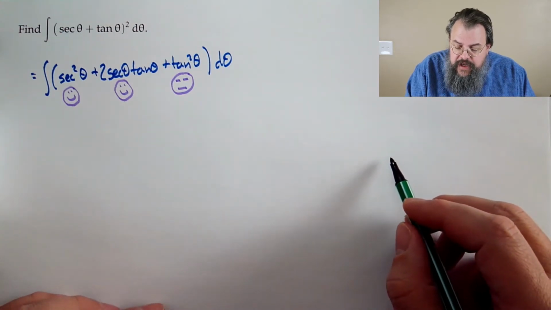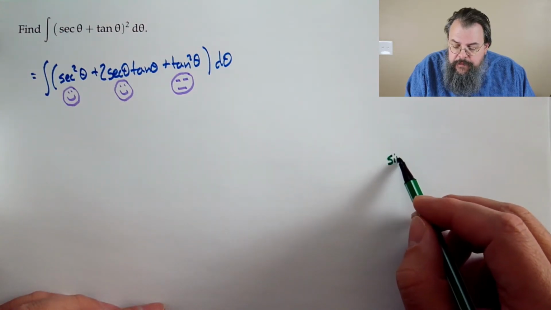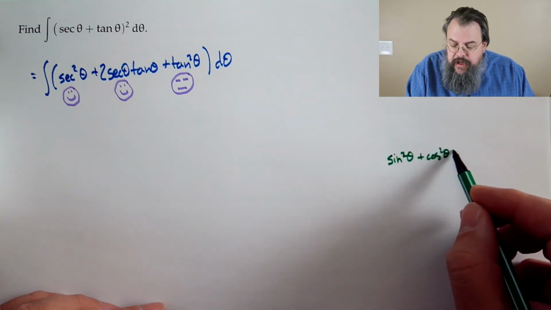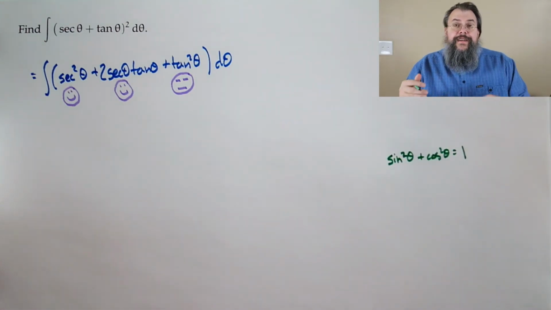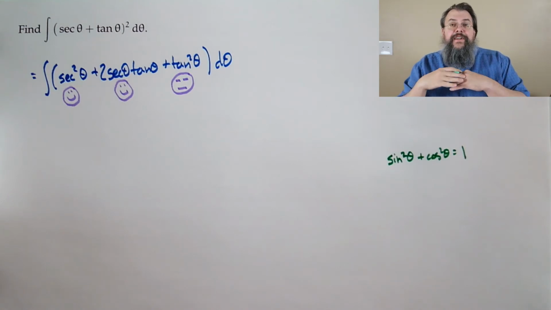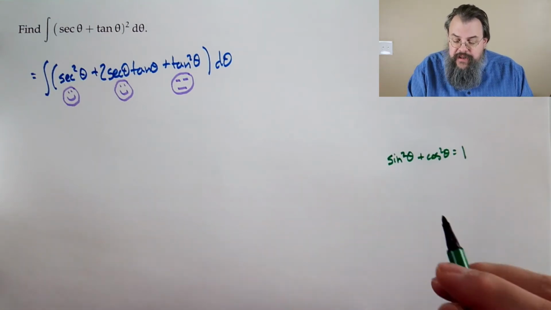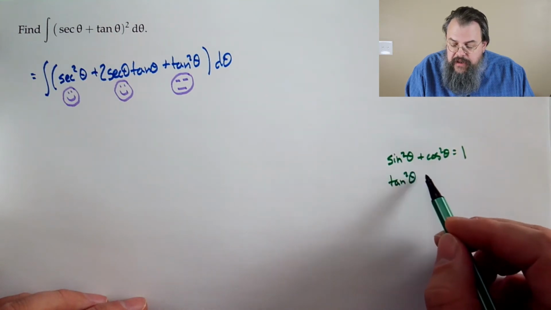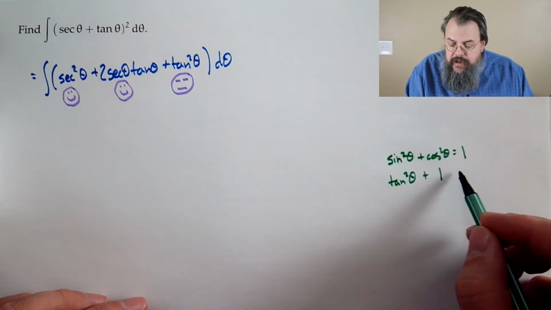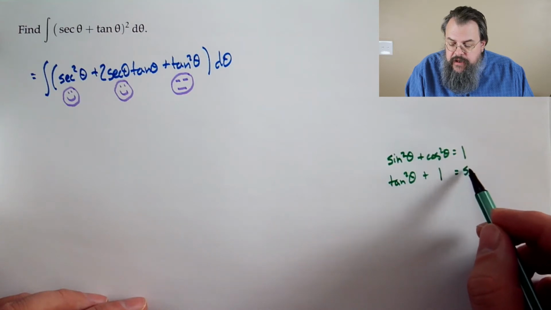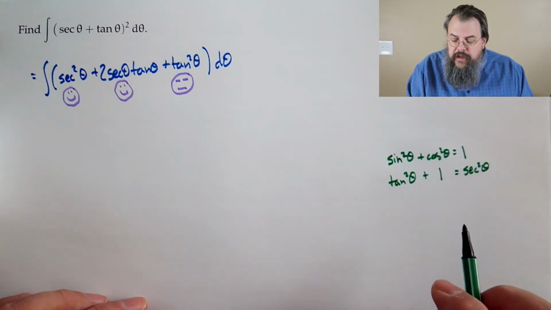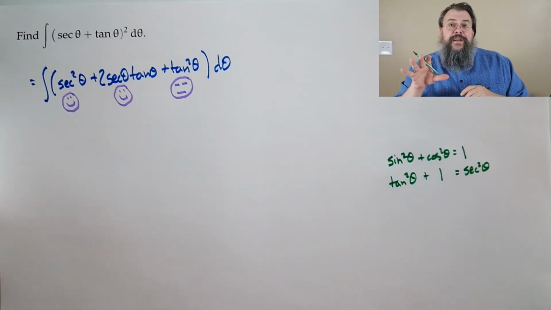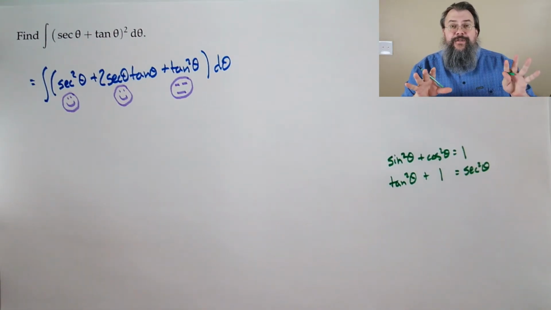One of our basic trig identities, one you probably know really quickly, sine squared plus cosine squared equals 1, right? Well, start with that trig identity, divide everything by cosine squared, and sine squared over cosine squared is tangent squared. Cosine squared over cosine squared is 1, and 1 over cosine squared is secant squared. And so what it tells us is really a tangent squared behaves very much like a secant squared.